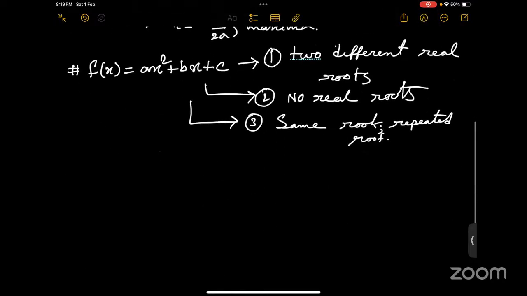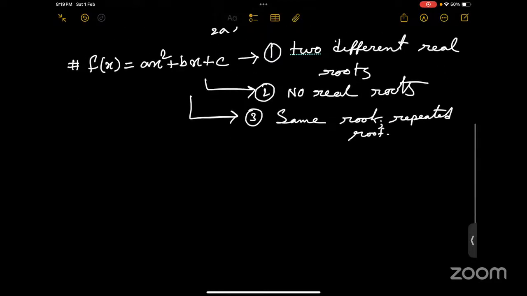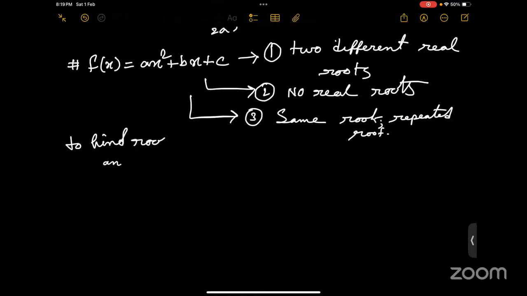So what is the discriminant? We can get the discriminant by the completing the square method, right? First we will start from what is the root of a quadratic equation. We know that we can find the root by equating the equation with 0, then we find the value of x, right?